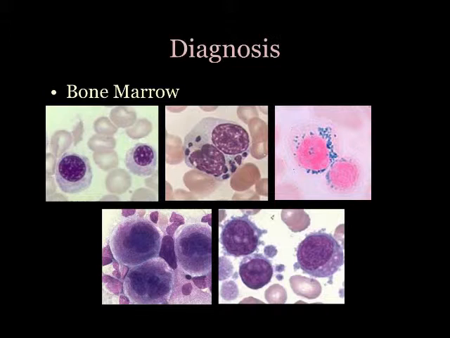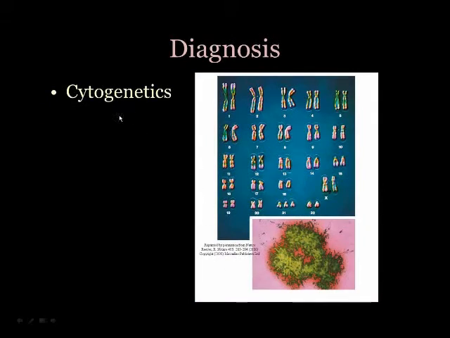Most of the diagnosis is made by looking at the structure of the cells under the microscope, but we can also help the diagnosis along by looking at the cytogenetics, which are the makeup of the genes. This is a cytogenetic panel.